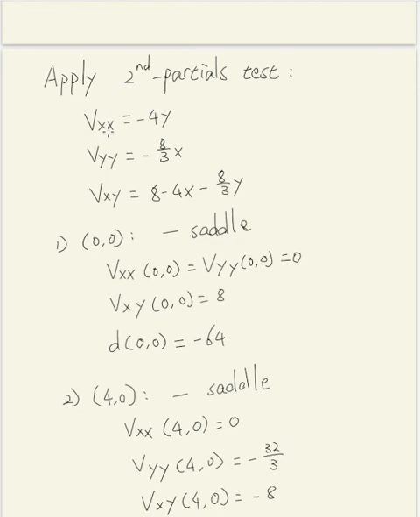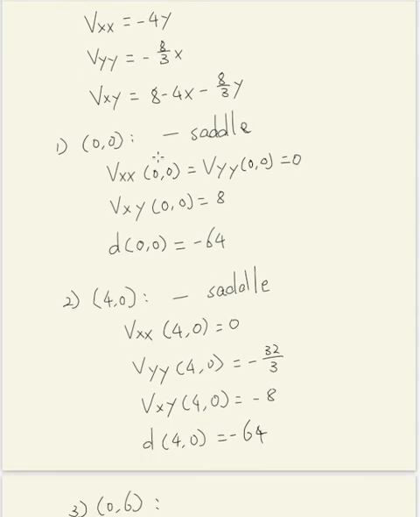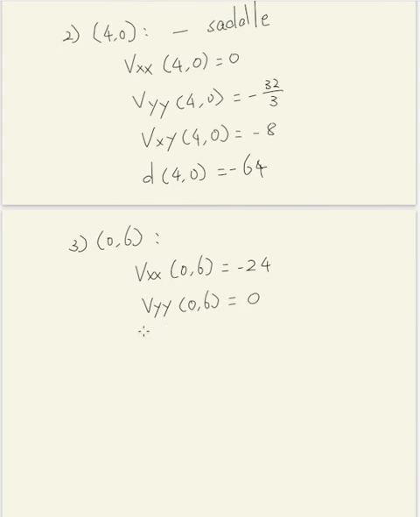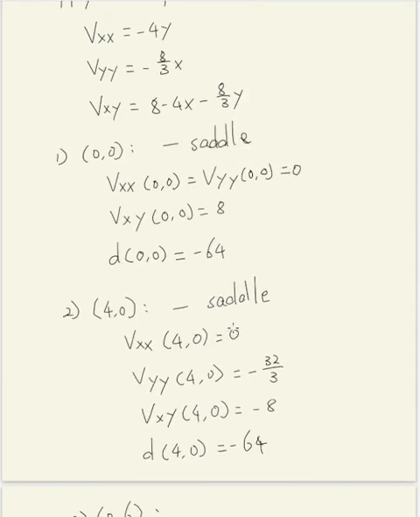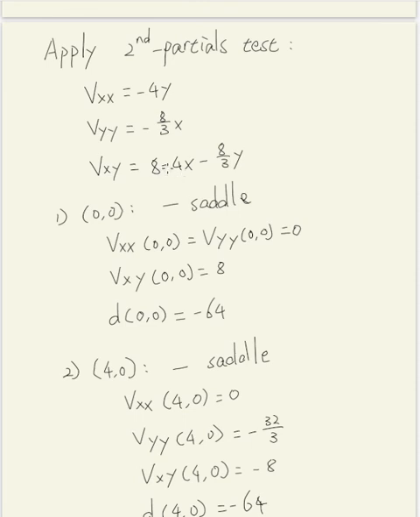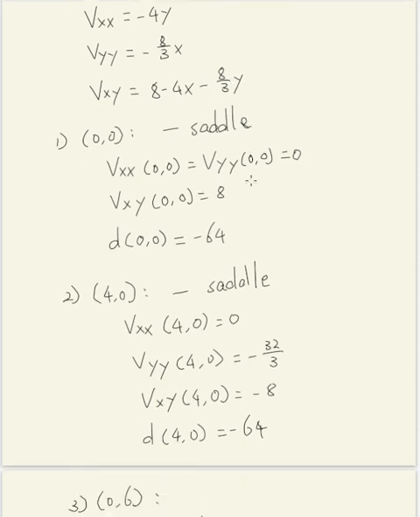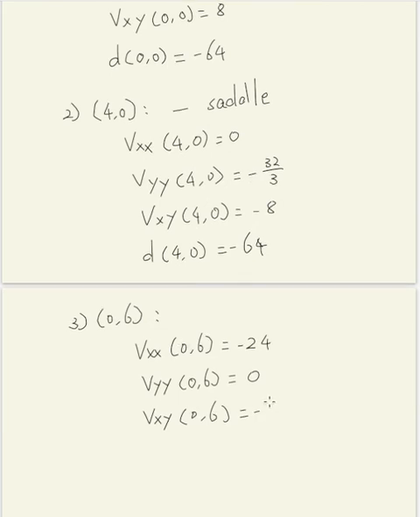So if one of these coordinates is 0, then Vxx times Vyy equals 0, and that makes D negative. But I'm just writing it out anyways. Vxy, plug this into Vxy, we get 8 minus 8 over 3 times 6, so that's minus 8. Once again, we get a saddle point. So we've had 3 saddle points so far.